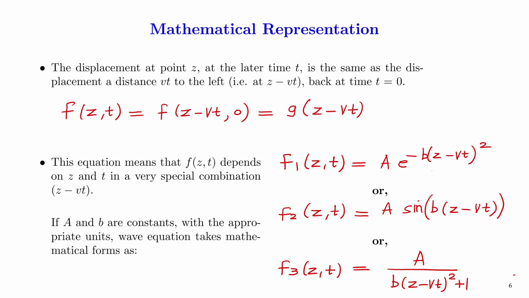You can see that in all these equations we have this argument z minus vt. And these are some of the possible equations for wave motion.